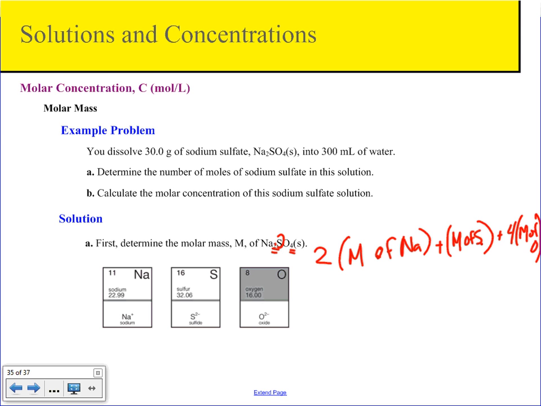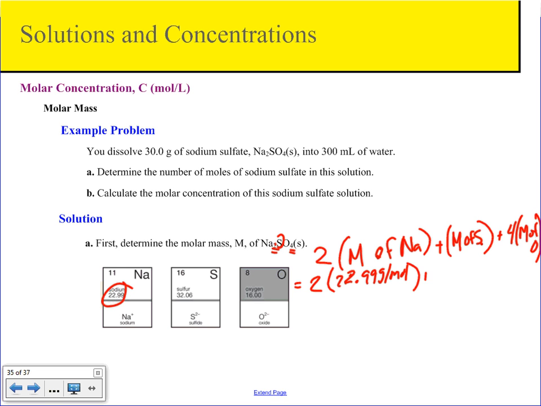Alright, so this becomes 2 times 22.99 grams per mole. I find that value in a different spot in the periodic table that we're using, so just keep that one in mind.